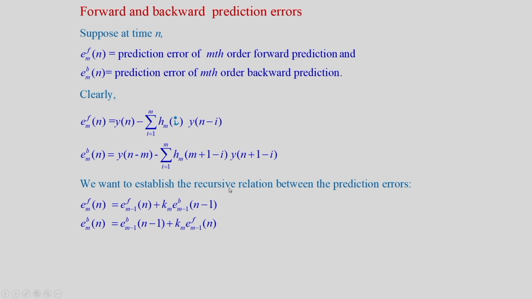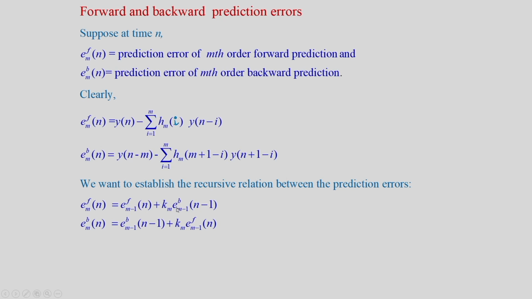We want to establish the recursive relation between the prediction errors: e_m^f(n) is equal to e_(m-1)^f(n) plus km times e_(m-1)^b(n-1). Similarly, backward prediction error e_m^b(n) is equal to e_(m-1)^b(n-1) plus km times e_(m-1)^f(n). So the forward prediction error e_m^f(n) is given by the forward prediction error for order m-1, e_(m-1)^f(n), plus km times the backward prediction error of order m-1, which is delayed by 1.